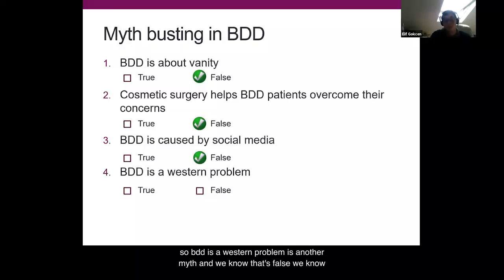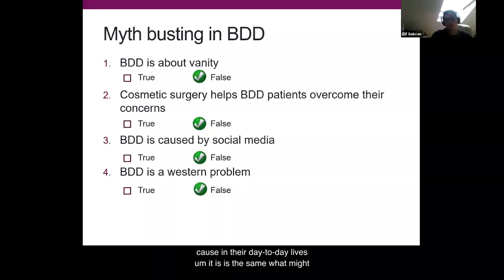So BDD is a Western problem is another myth, and we know that's false. We know that the way that BDD presents across the world is the same in terms of the time that young people can spend really worrying about perceived flaws in their appearance, the extreme distress that they experience, along with the interference that these worries and these behaviours can cause in their day-to-day lives.